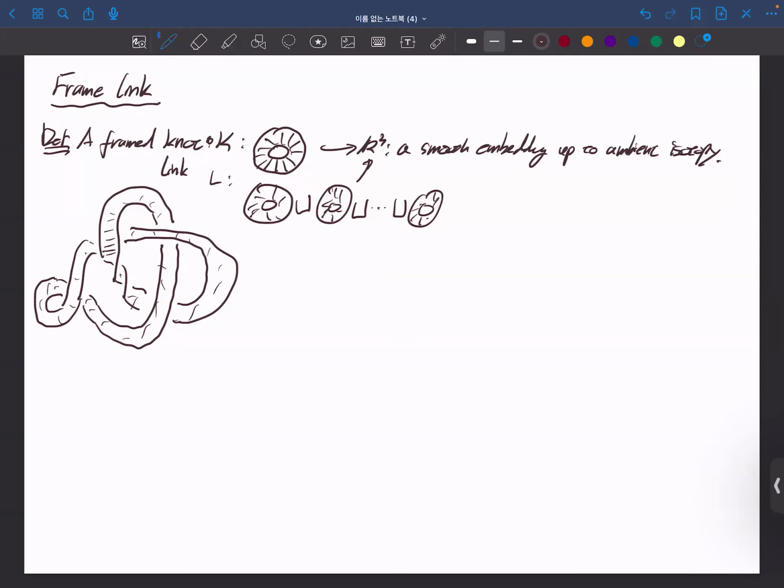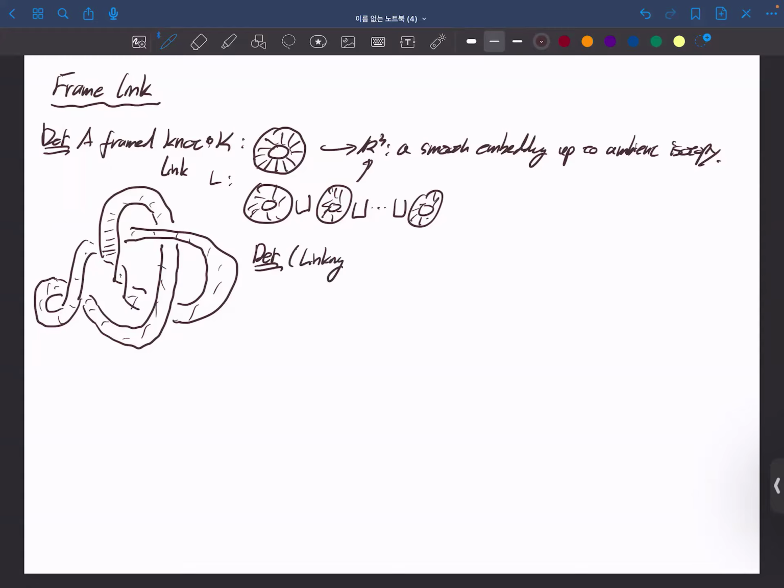But this time, it is not easy to draw framed links because every time we need to draw such bands. So we will find another way to express framed links.